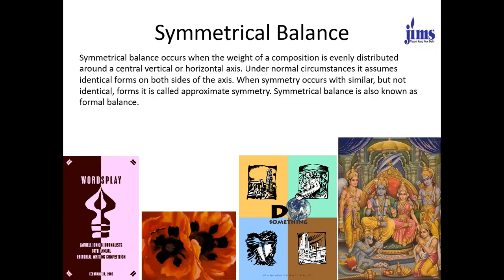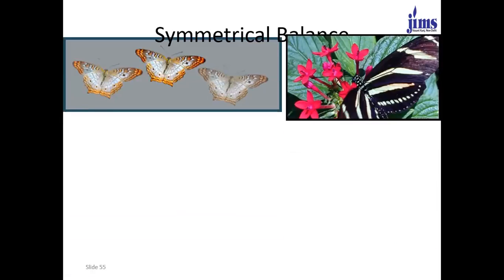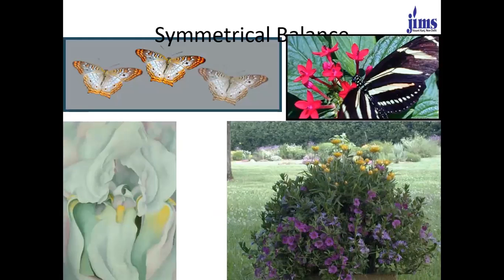Under normal circumstances, it yields identical forms on both sides of the axis, but when symmetry occurs with similar but not identical forms, it is called approximate symmetry. Symmetrical balance is also known as formal balance. I hope you've understood the concept: when the visual weight is evenly distributed around the axis. Here are a few more examples of symmetrical balance.